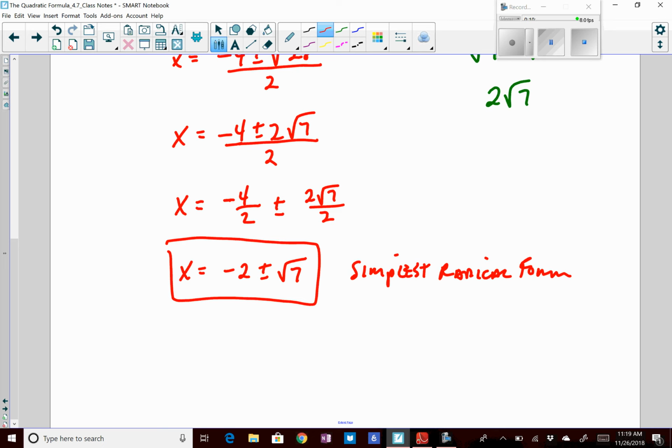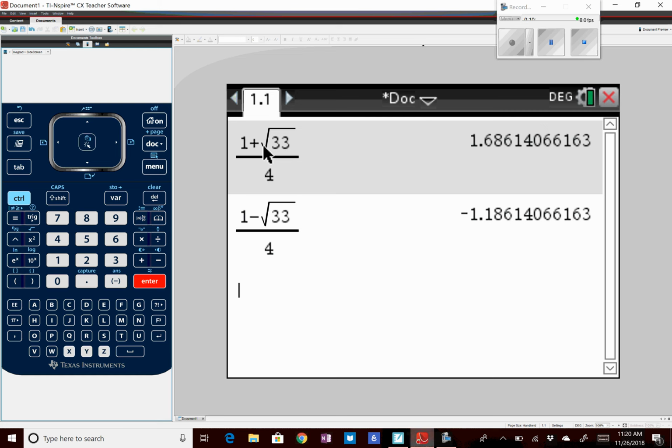To get it to two decimal places, again, we could break this up. And then we could use the calculator to see what the answer is. So we go back here. So we have -2 plus the square root of 7 and -2 minus the square root of 7.